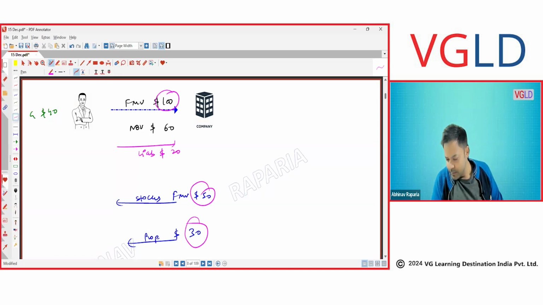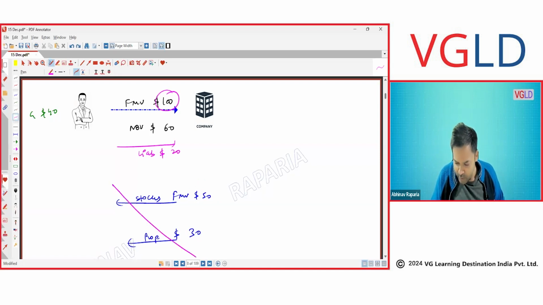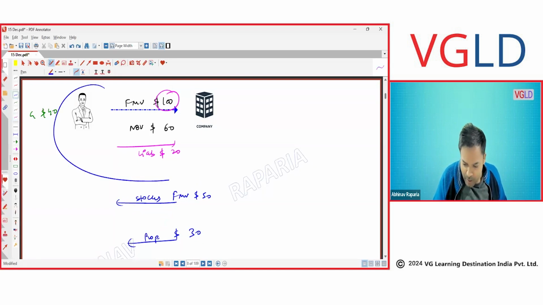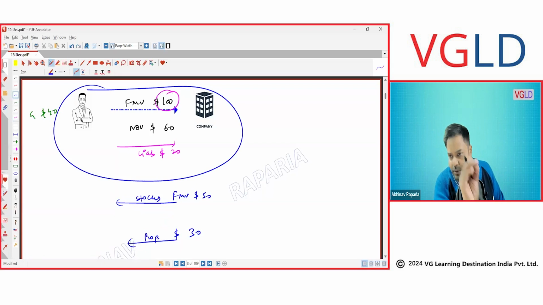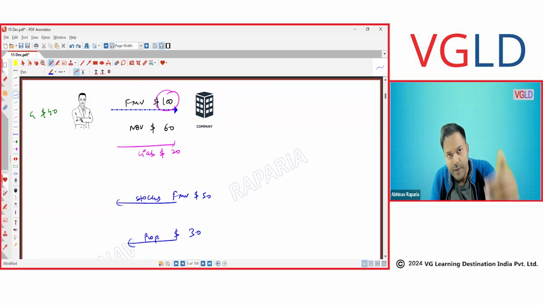It's 80, isn't it? Ignore this for 2 minutes, Shalini. In this scenario only, how much money should the company give to the shareholder? You are transferring an asset for which fair market value is this, and you're giving your liability also. How much money will the company give to the shareholders, guys?